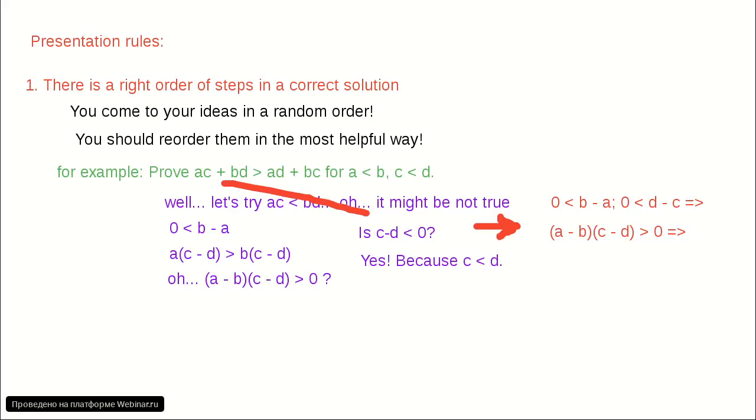And from here, we deduce the fact which we needed to prove, that AC plus BD is greater than AC plus AD should be here.